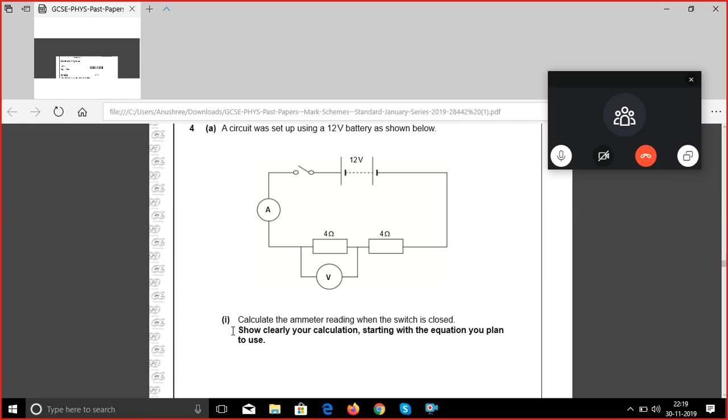So the ammeter reading. Okay, so we've got the resistance and the volts. The ammeter measures the current.